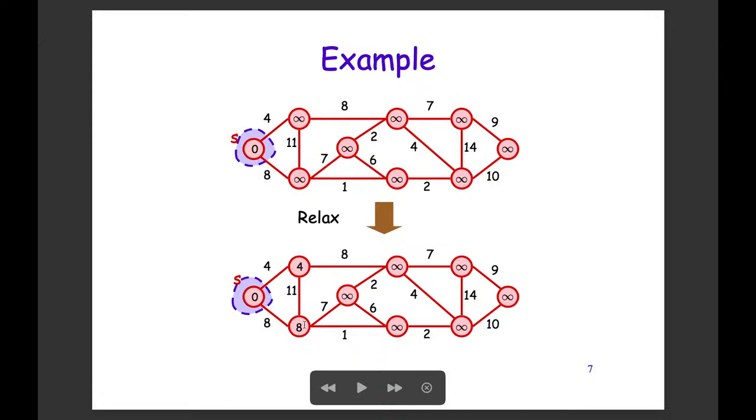After the relaxing operation, we now choose among all the black nodes which one has the smallest value. This node has the smallest value. So this node must now be connected to S in the best way.